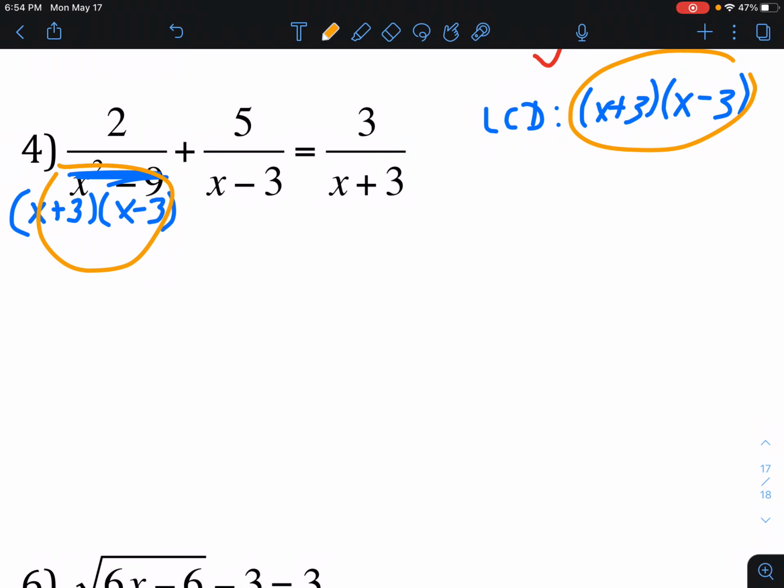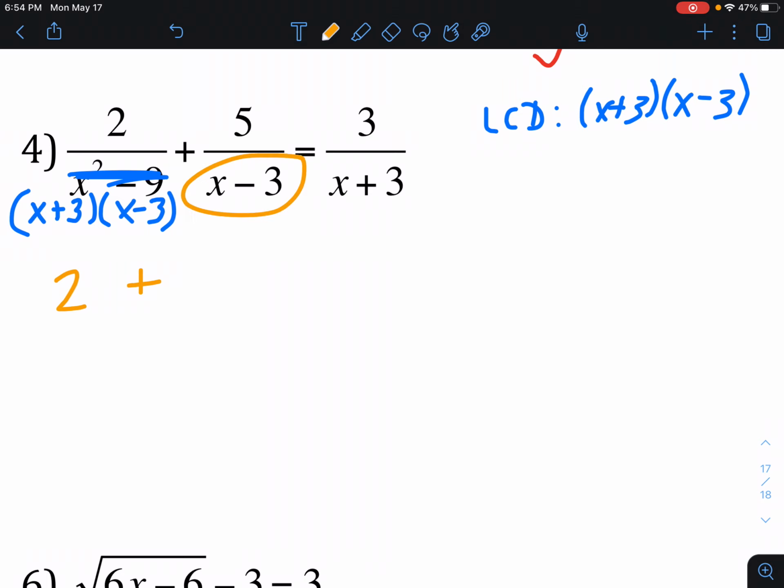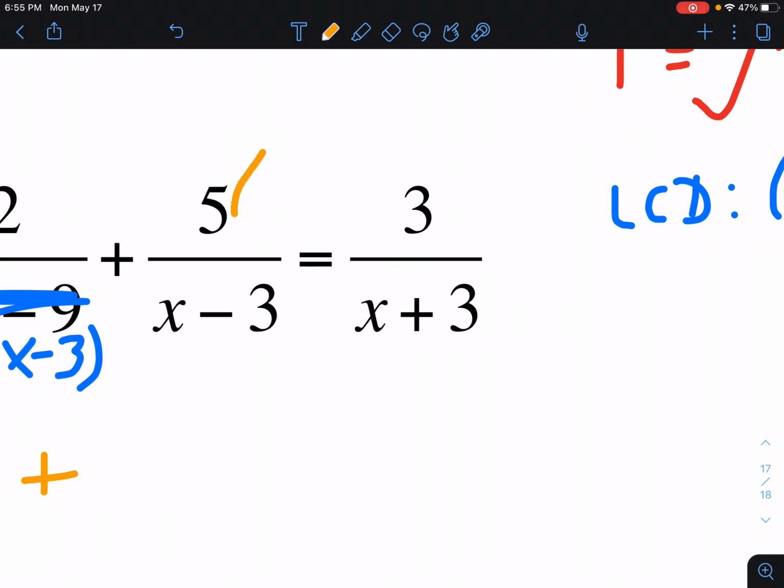So that means the 2, the shortcut is the 2 can just drop down. Bring down the plus. Now what's the 5 got to multiply by? What's missing here that appears here? The x plus 3. So that means the 5, the shortcut is, the 5 will distribute with x plus 3. So 5 times x, then 5 times 3.